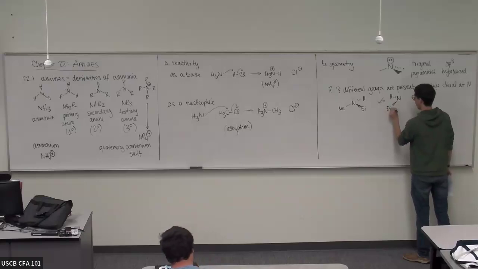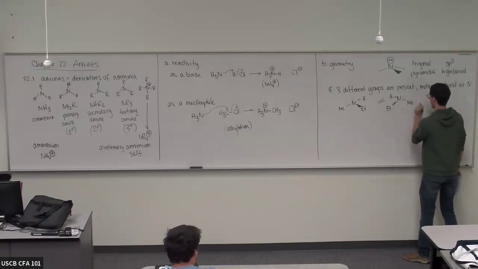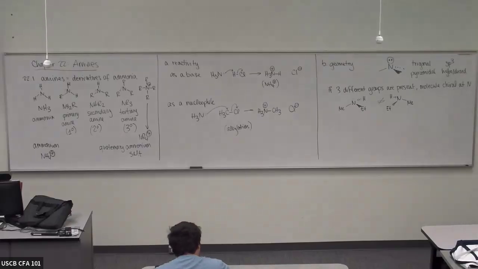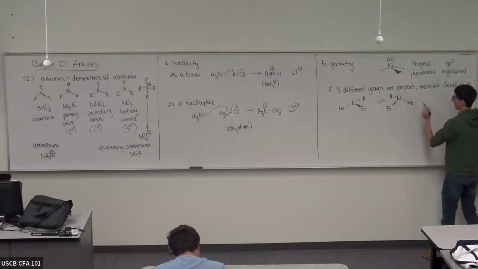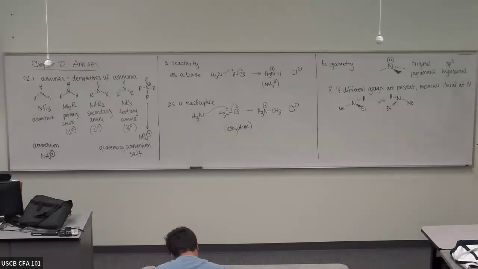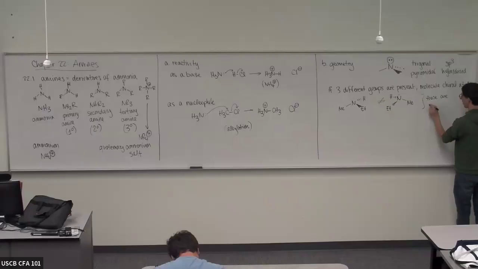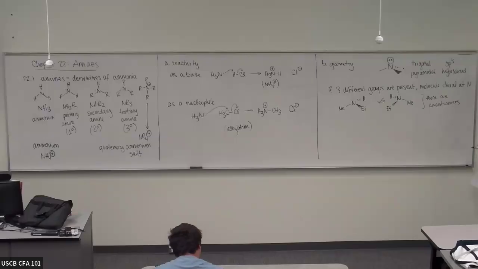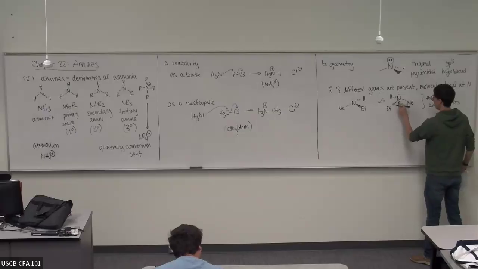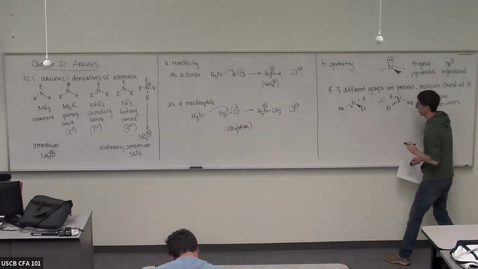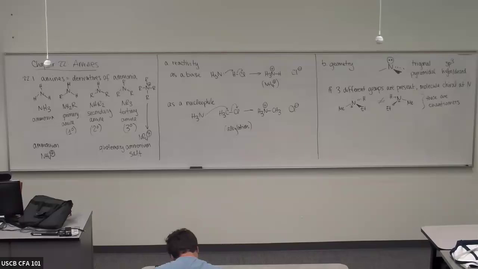But we can also draw another molecule with the same connectivity of atoms that is not equivalent, because nitrogen is chiral. The asterisk means it's chiral. And so those two molecules are enantiomers of each other.